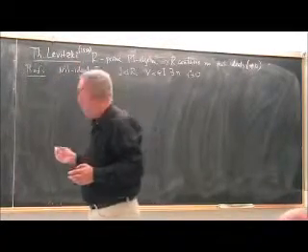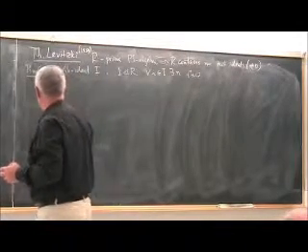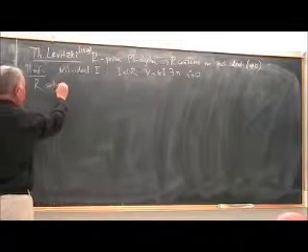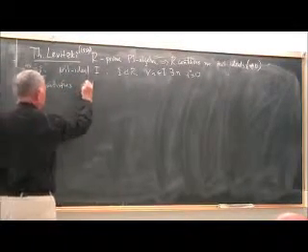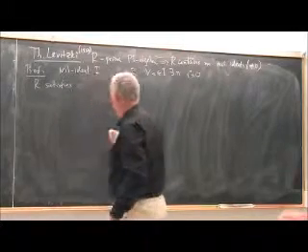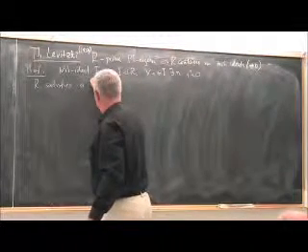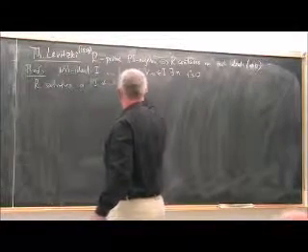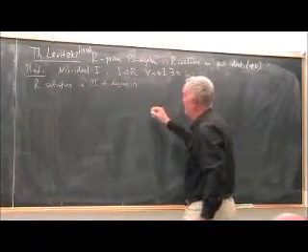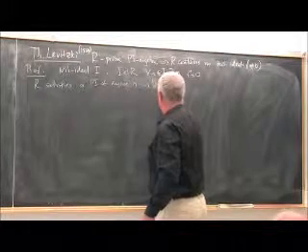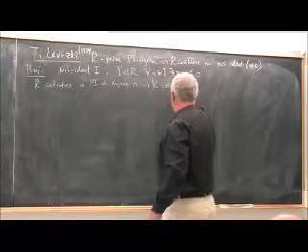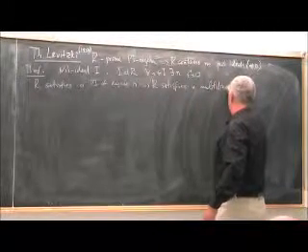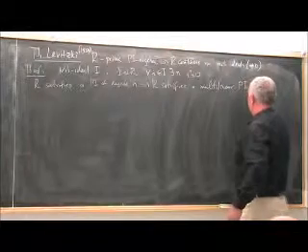So the proof goes in the following way. We assume that R satisfies a polynomial identity of some degree n. So R satisfies a multilinear polynomial identity of degree n.